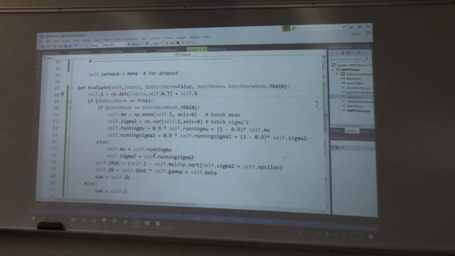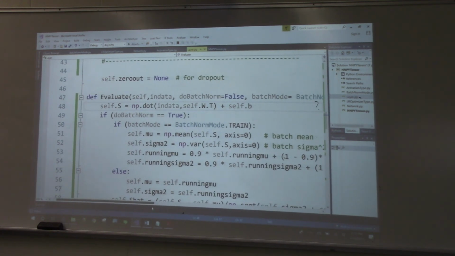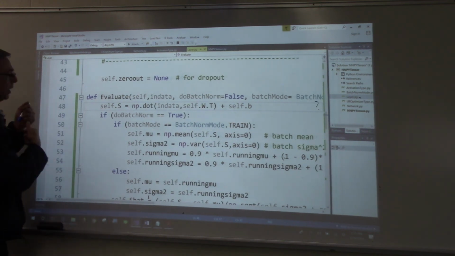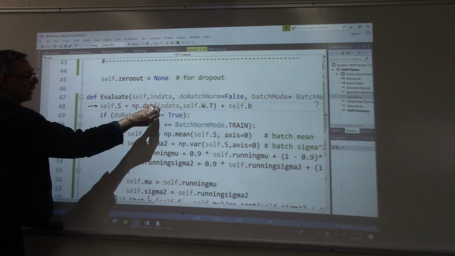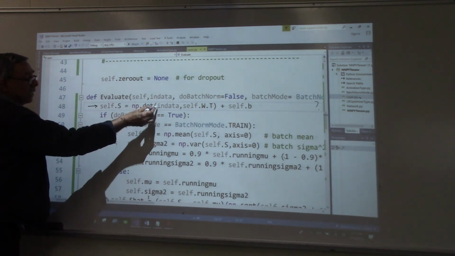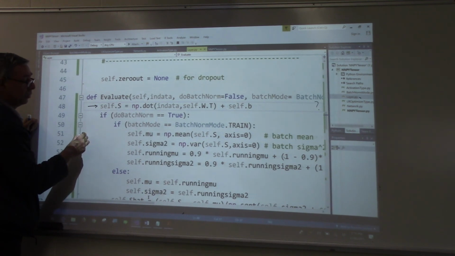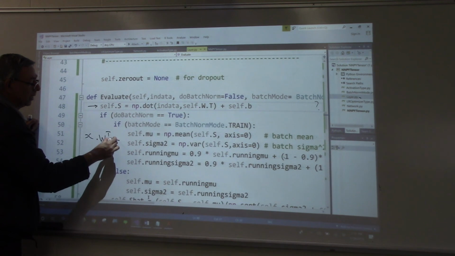Self.s. Okay, so take a look at this line. Okay, this particular line over here. So np dot in data, for example, this could be x, if it's the very first layer, correct? So we did x times w transpose plus b.